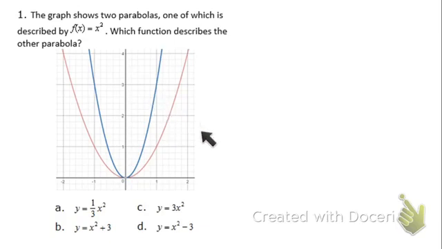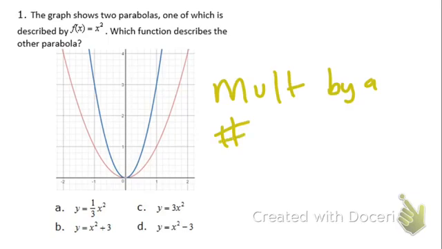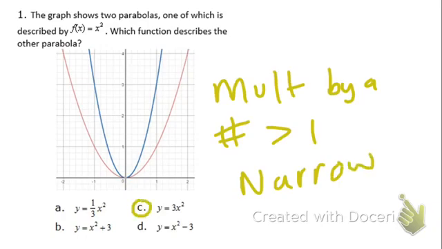The parabola actually got narrow, so you have to know the rules for what causes things to be narrow, and so we'll go from there. If you multiply by a number greater than 1, it will cause your parabola to become more narrow. So that answer is letter C.